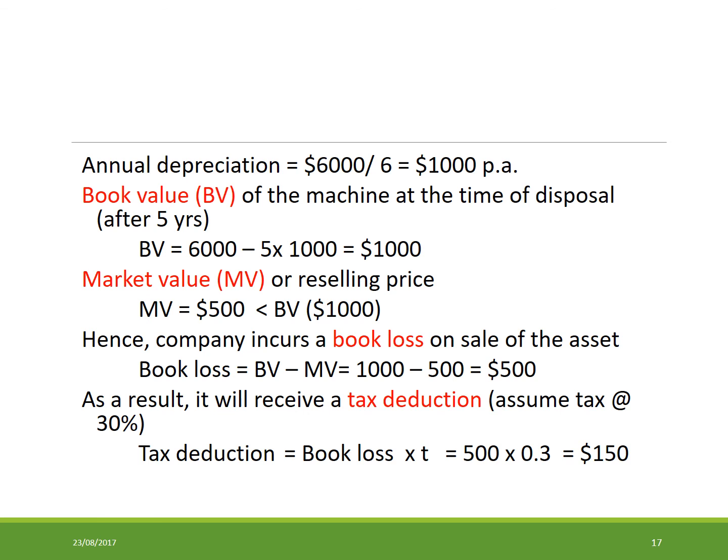So given that the useful life of the machine is 6 years, and the book value at the start is $6,000, we can work out the annual depreciation, yeah? So $6,000 divided by 6. Using the straight line method, the amount of depreciation every year is $1,000, yeah? So we sell the machine at the end of year 5, right?